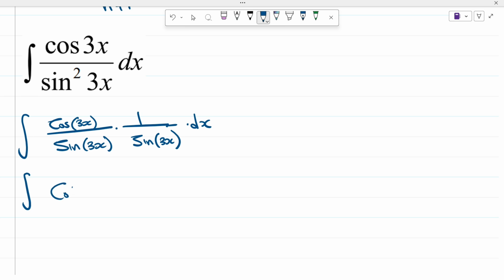So this is cot of 3x. And then 1 over sine 3x, what is it? When we use the reciprocal, 1 over sine 3x becomes cosec of 3x dx.